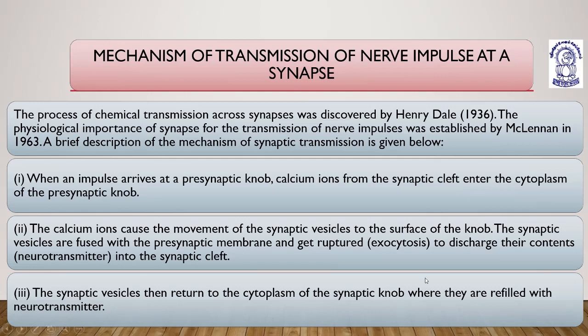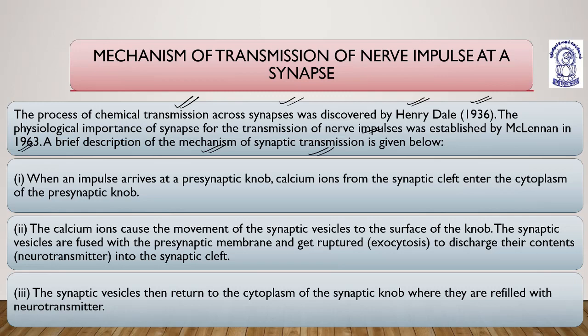The process of chemical transmission across synapses was discovered by Henry Dale in 1936. The physiological importance of synapse for the transmission of nerve impulses was established by McLennan in 1963. A brief description of the mechanism of synaptic transmission is given below.